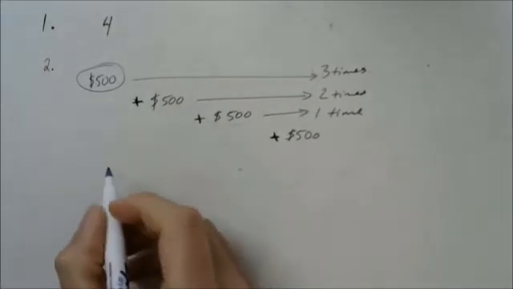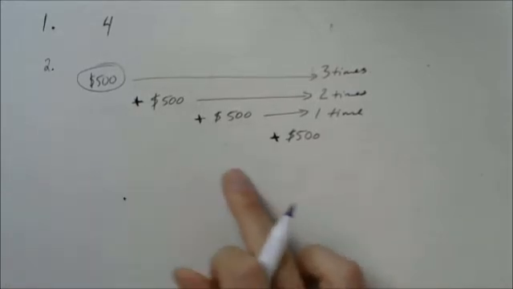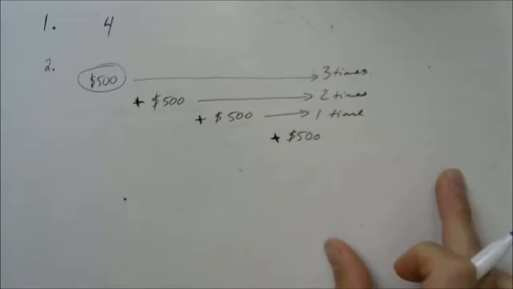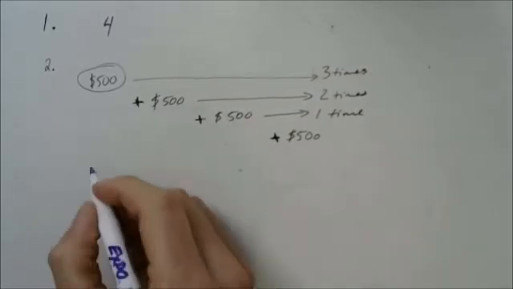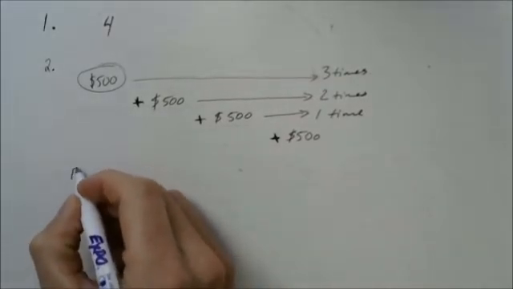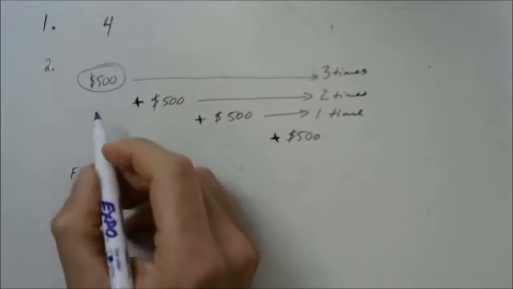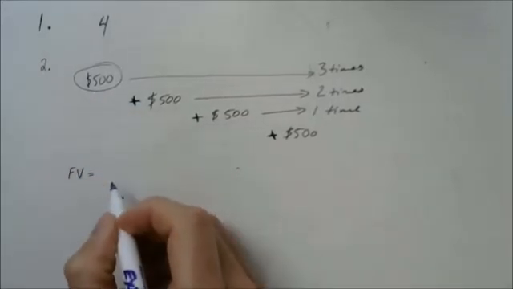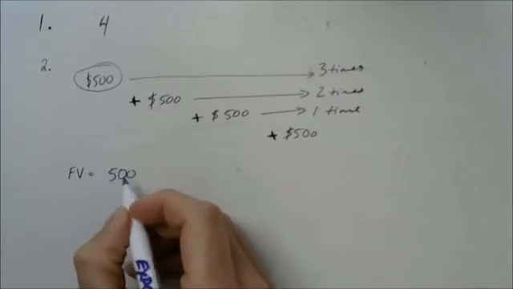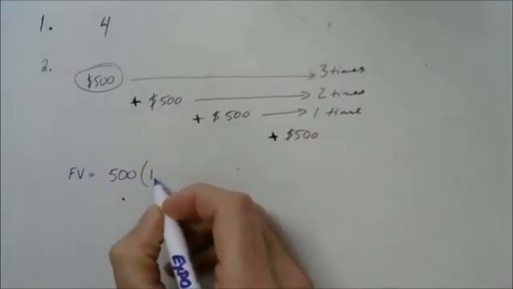So here we go. We're taking our future value formula and adding up all of the pieces. The future value equals present value, which is just this first $500. That is going to get multiplied by 1 plus our interest rate.